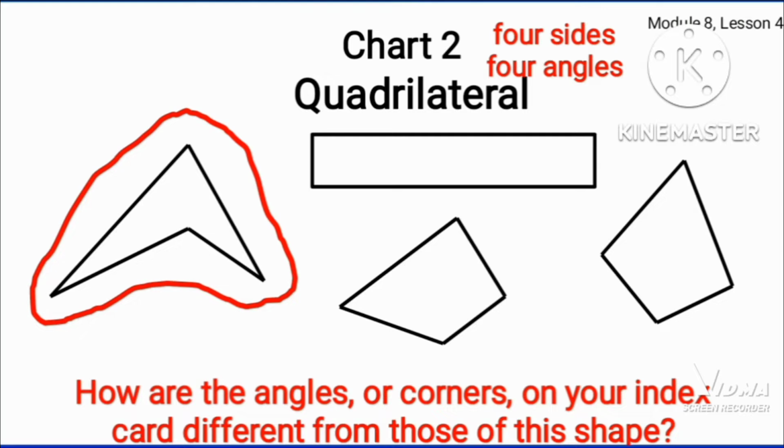Do you see that the angles here and the angles that you are showing in the paper you folded are not the same? The other one, the angles, they are square corners. But these ones, although it has 4 angles, the angles are not of the same size and shape.